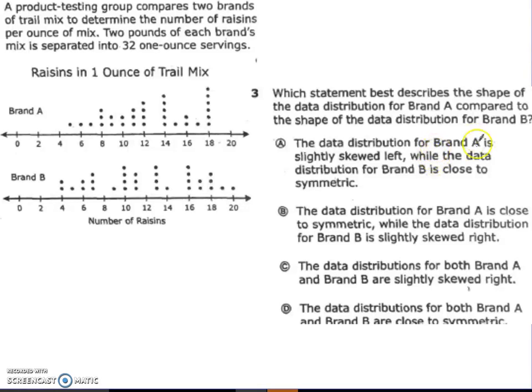A. The data distribution for brand A is skewed slightly left. Yes, I would say this is skewed left. While the data distribution for brand B is close to symmetric. Yes, this is symmetric. The answer appears to be A, but let's just check B, C, and D.